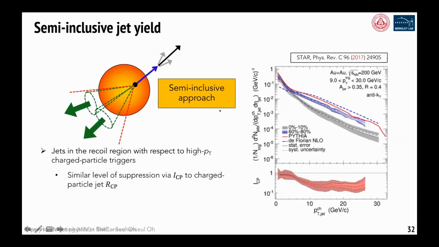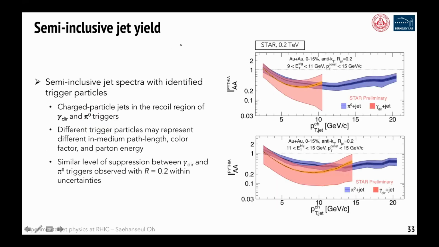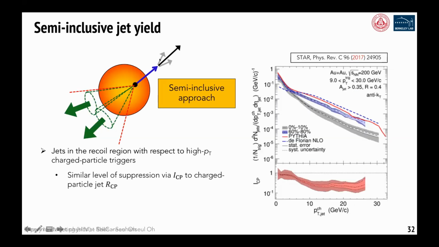And this is using just all high pT charged particles as a trigger, but now we have more results, in the upcoming Quark Matter and publication. So semi-inclusive jet spectra with identified trigger particle: charged particle jets in the recoil region of direct photon and pi0 triggers.